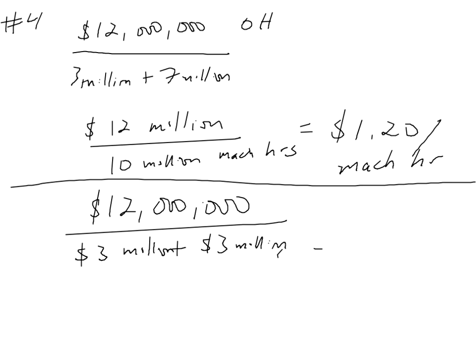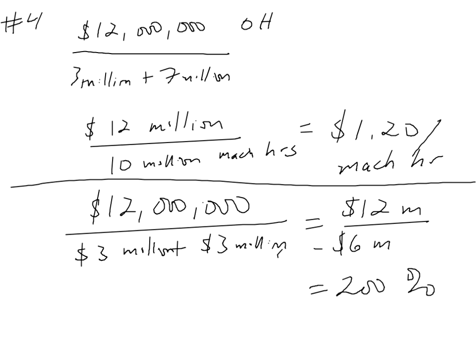So it's just going to be 12 million over 6 million. So that's going to be 200%. So that's going to be your rate for Part B, 200% of direct labor cost.